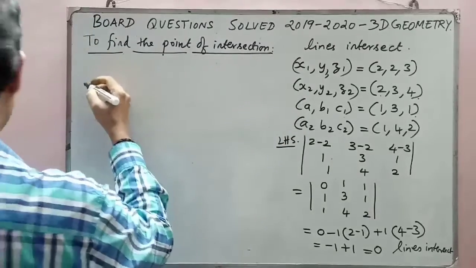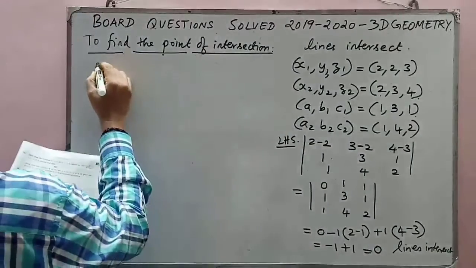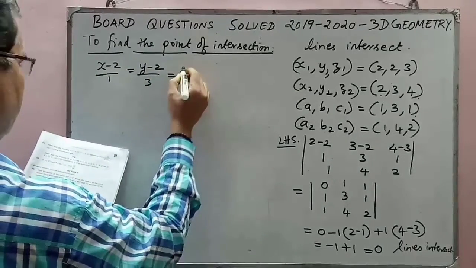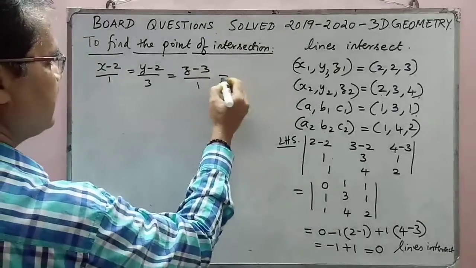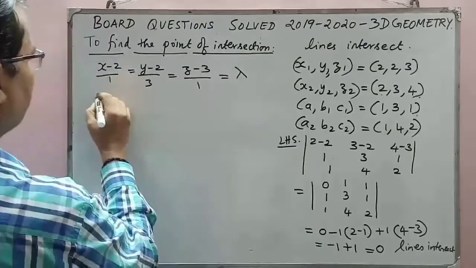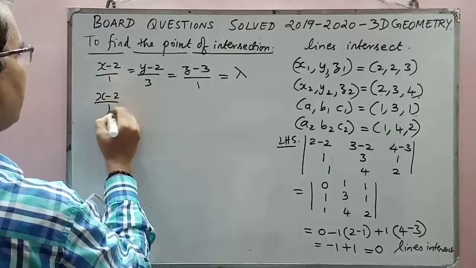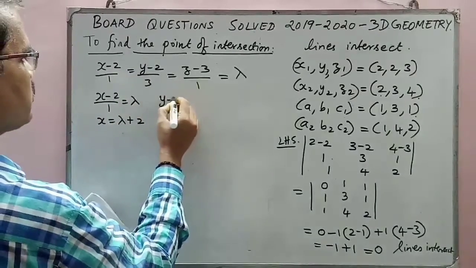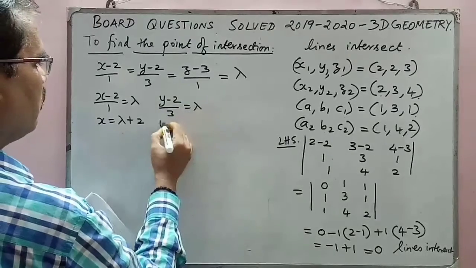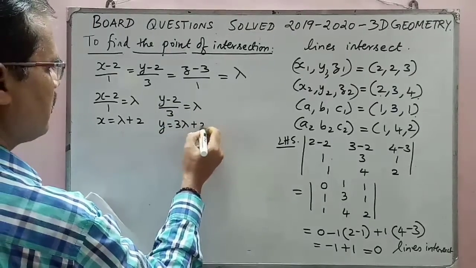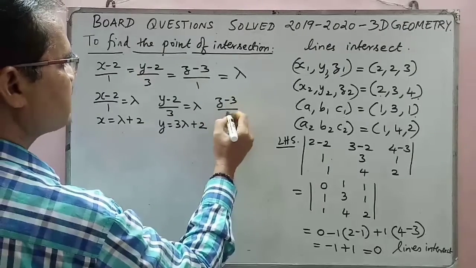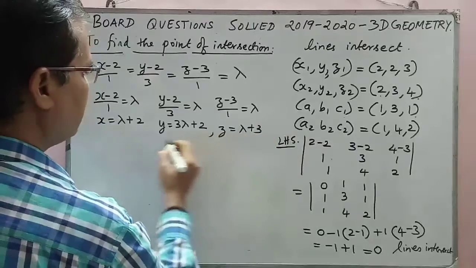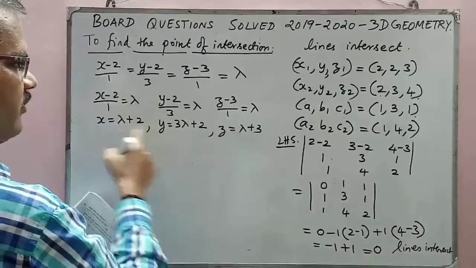Now the equation says x minus 2 by 1, y minus 2 by 3, z minus 3 by 1. Let us take this as lambda. Now x minus 2 by 1 equals lambda, x equals lambda plus 2, y minus 2 by 3 equals lambda, y equals 3 lambda plus 2, z minus 3 by 1 equals lambda, z equals lambda plus 3. So any point on this line will be of this format.